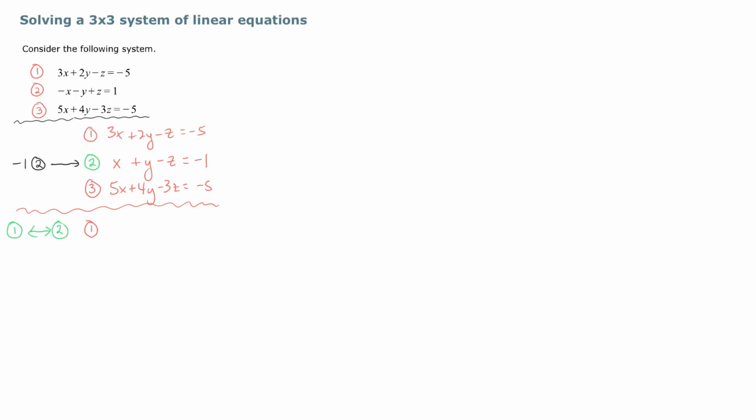Switch equations 2 and 1, or 1 and 2. So equation 1 is now x plus y minus z is equal to negative 1. Now what's equation 2? Equation 2 is now 3x plus 2y minus z is equal to negative 5. And equation 3 stays the same.